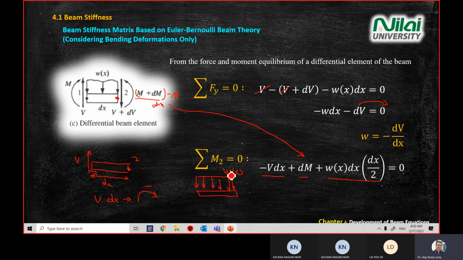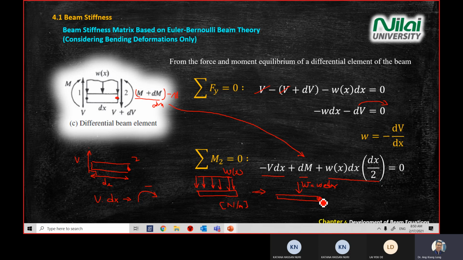Wx is a distributed load in the unit of Newton per meter, so you need to convert it into a focused load with this big W. You get big W by taking the small w times the length, in this case dx.